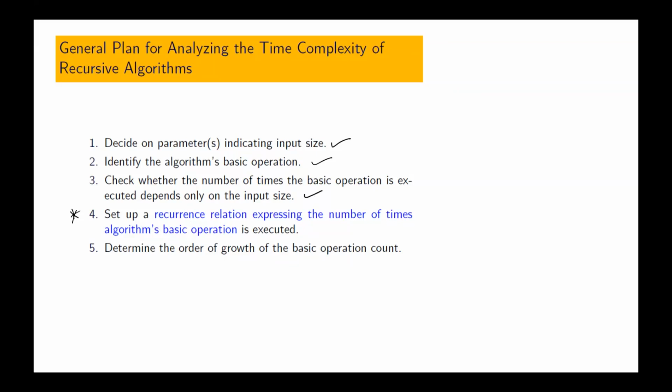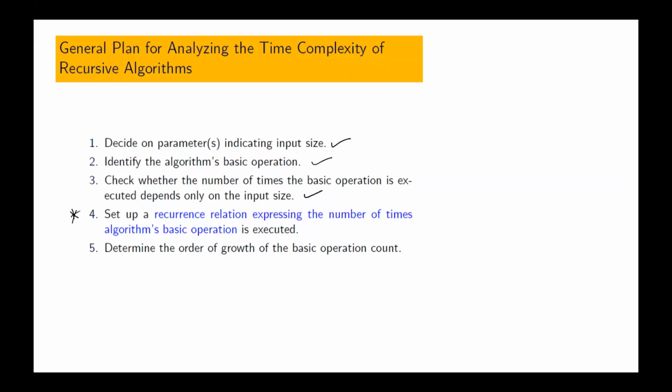When n is the input size, T of n is the number of times that particular operation is repeated. But T of n will be something like T of n minus 1 plus something, or T of n minus 1 plus T of n minus 2 plus something. Like that, a recurrence relation we get. After that, what is the next step? In the non-recursive case, whatever summation expression we got, we simplified it.